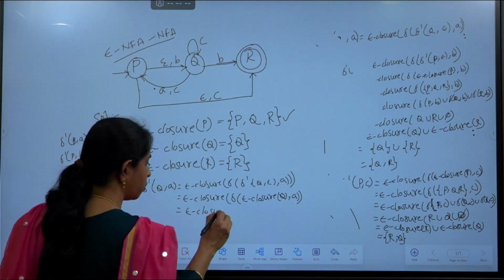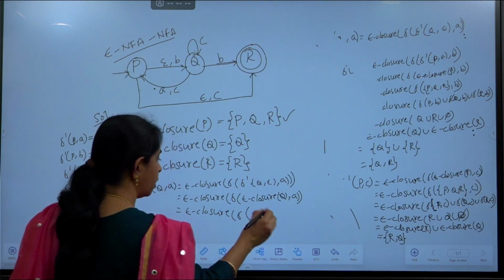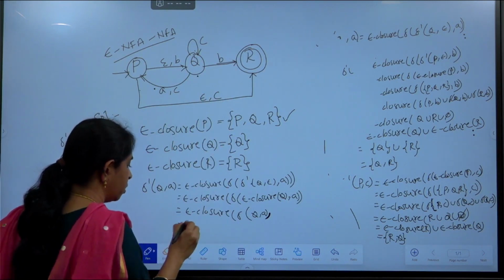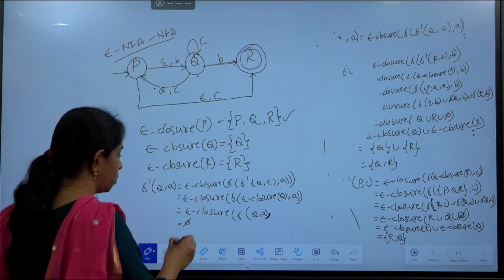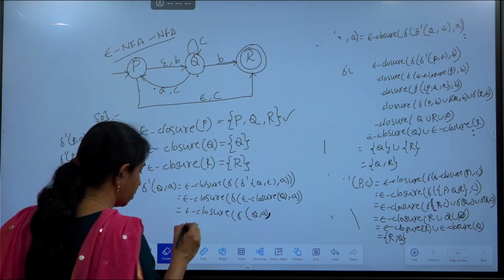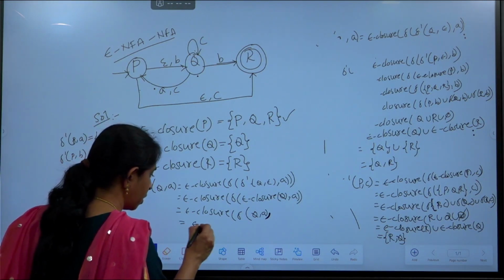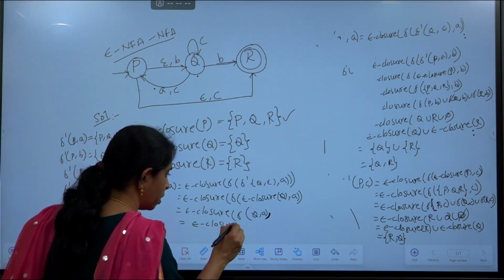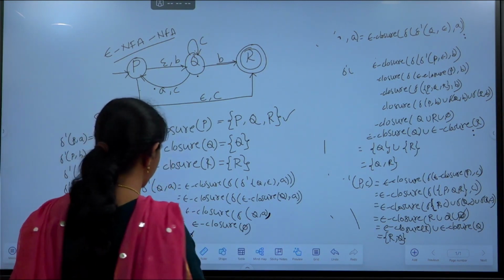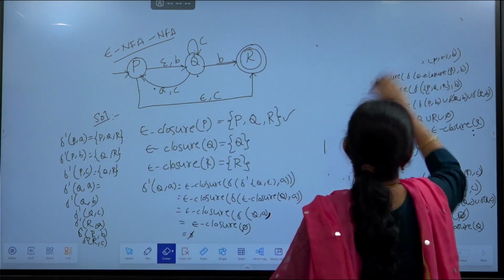Epsilon closure of Q is nothing but Q itself, Q comma A. Delta of Q comma A, Q on input alphabet A, we don't have a transition. That is phi. So epsilon closure of delta of Q comma A is phi, that means phi itself.